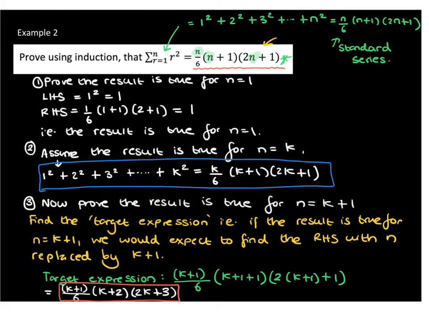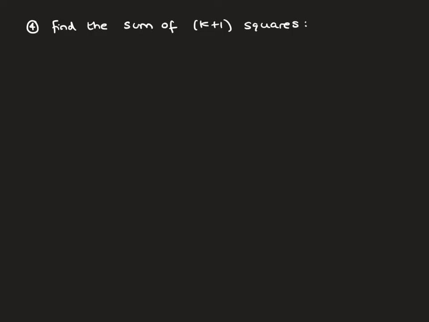Let's try it. So to find the sum of k plus 1 squares, we are adding together 1 squared, 2 squared, 3 squared, all of the square numbers up to the k squared value and then the k plus 1 squared value. Now, what do we know about the sum of the first k squared numbers?